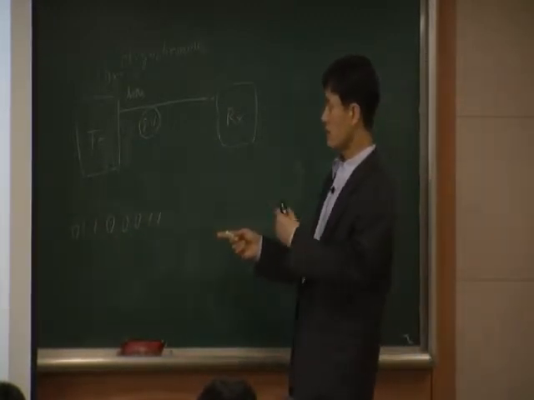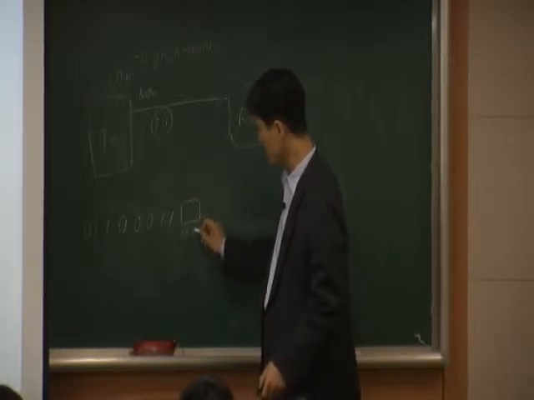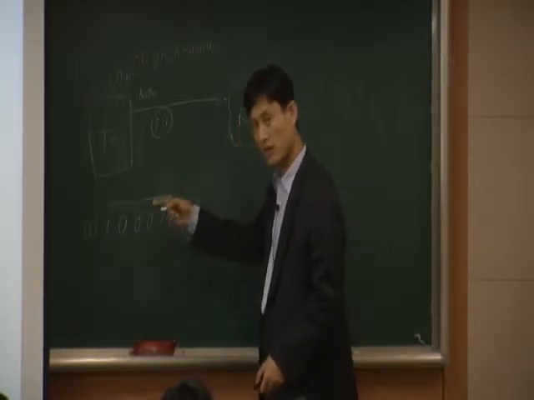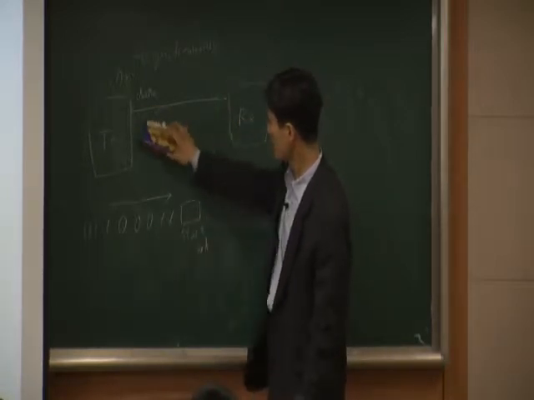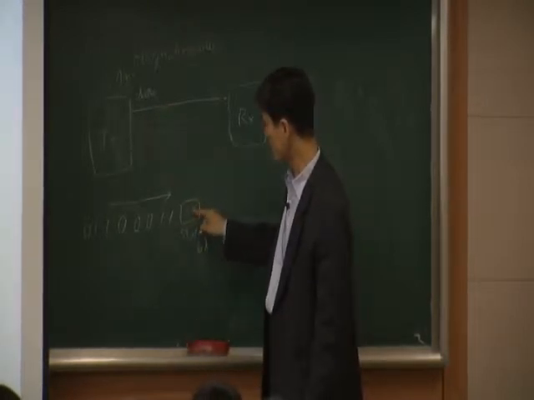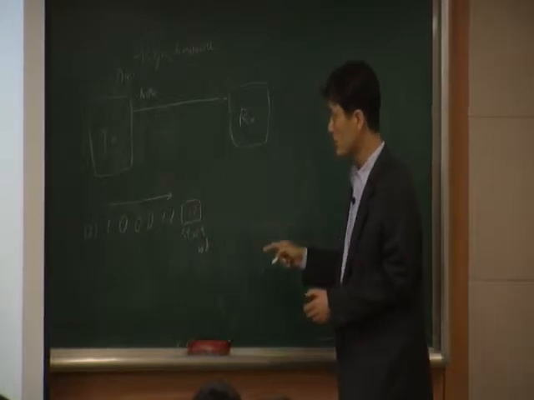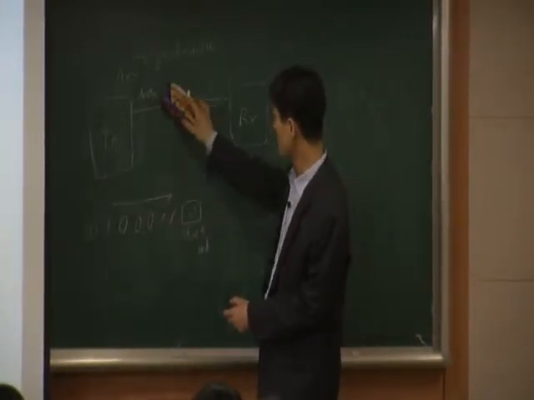In that case, we add a start bit right here. Basically, I'm transmitting this way. The start bit is the same as a 0. So when you transmit this one, you first transmit the start bit.